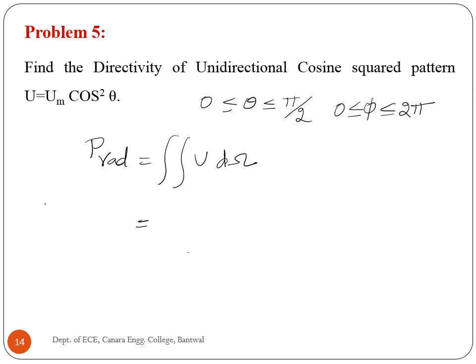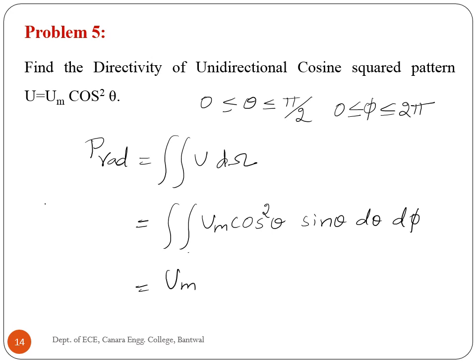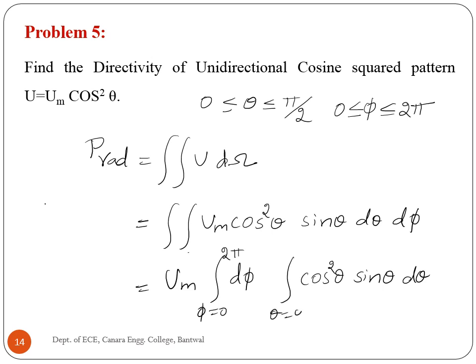So radiated power is equal to Um cos square theta, d omega is sin theta d theta d phi. Therefore, radiated power is Um, phi is 0 to 2 pi, integral of d phi, integral of cos square theta sin theta d theta, theta is 0 to pi by 2.